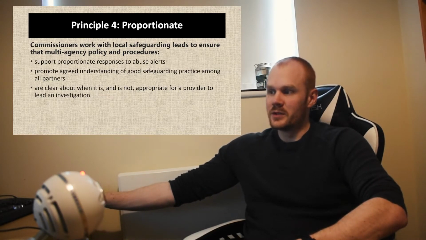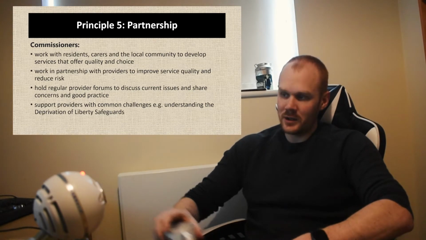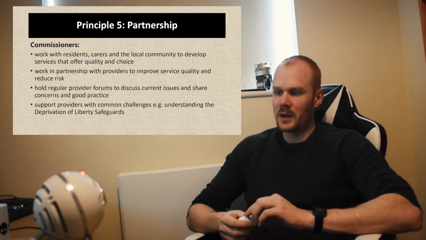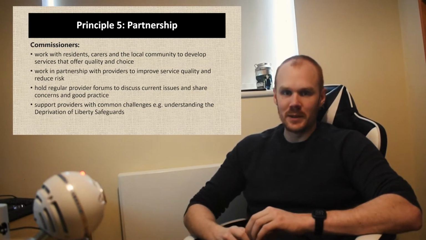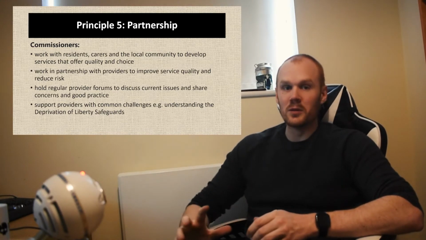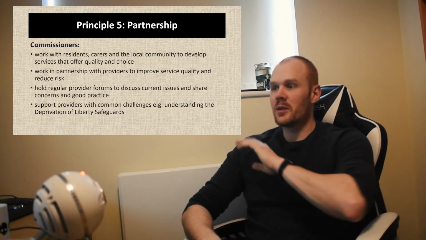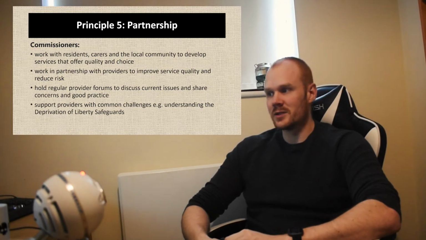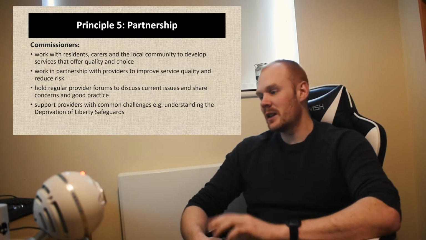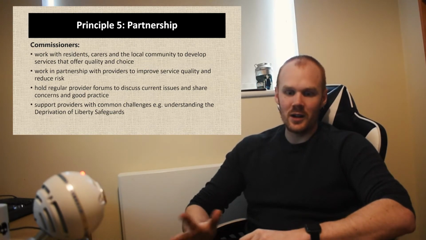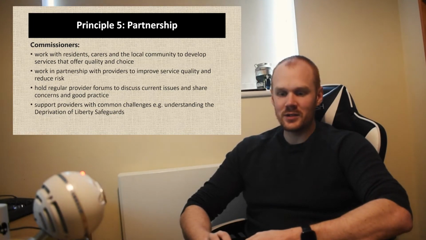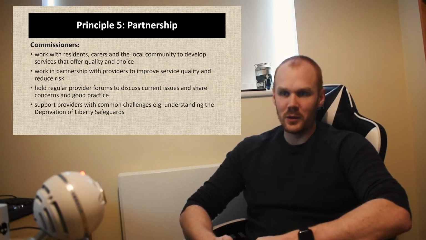So, the fifth principle is partnership. And again, we keep coming back to this multi-agency approach, and this is basically that, but repackaged. You want to make sure that you're working with everyone involved in the care setting so that services are constantly improving, and that we are getting as much intelligence as we can about where there are gaps in provision, concerns about practice taking place, or any threats to the safeguards of the organisation.